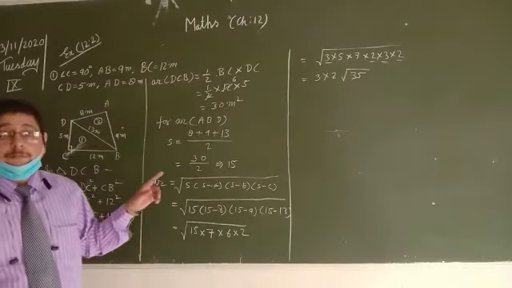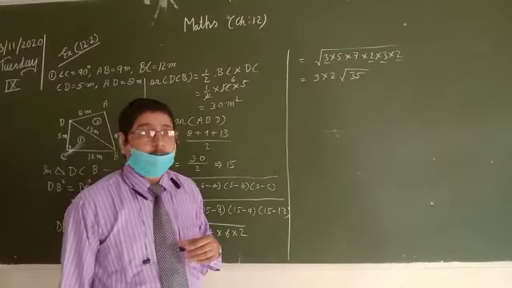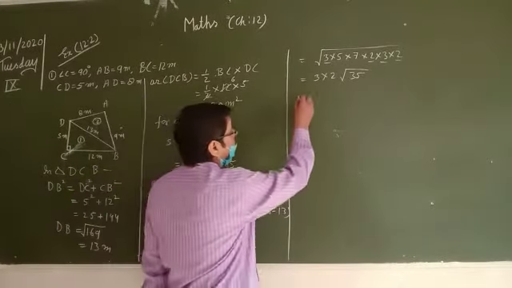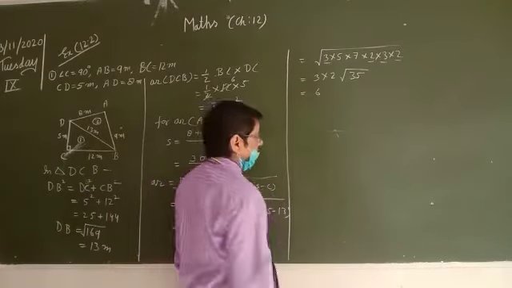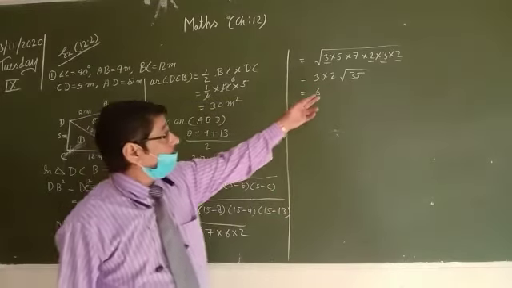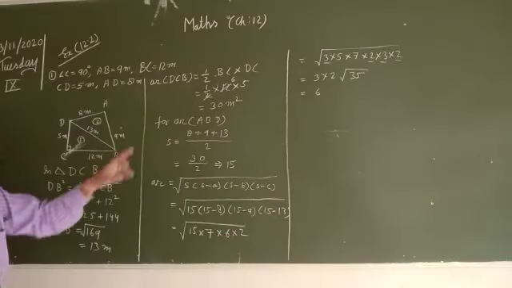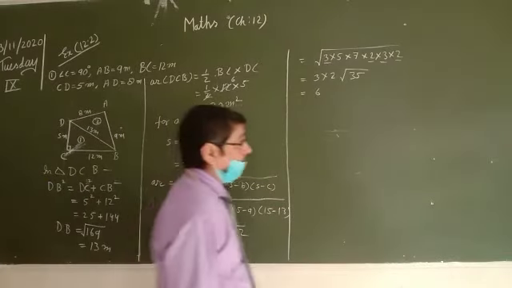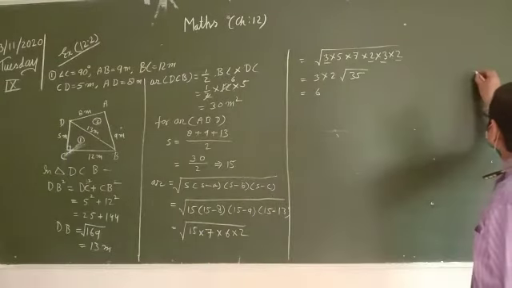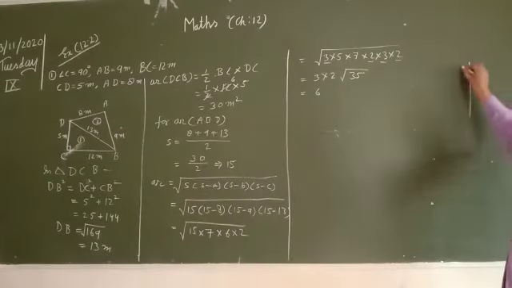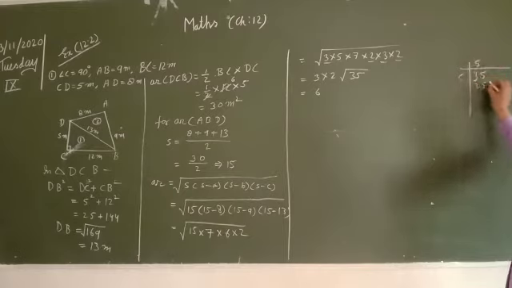Now we get 3 times 2 times the root of 35. Actually we need just the square root of 35, but in this case, because we will add these two areas, you must find the value of root 35 up to 2 decimal places. 5 5 is 25, 10 left, take two zeros, put the point.